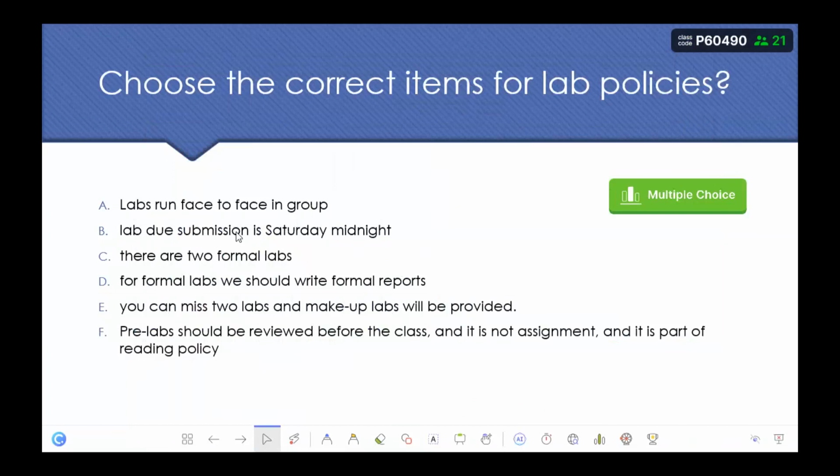If you don't have an iPhone, in the course information policy, I put 2 links for applications that you can scan for free and convert to a PDF file and then upload in your D2L, then leave the class. So lab 2 is not Saturday midnight.